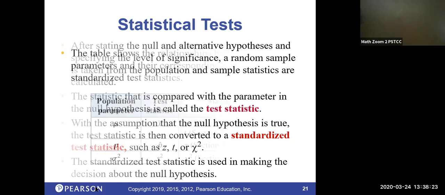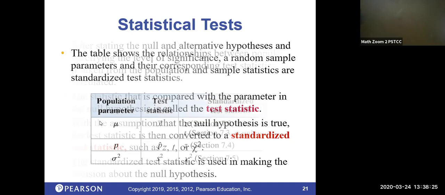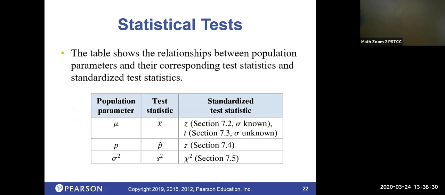Okay, so we have 3 different types of hypothesis tests. We have the hypothesis test for population mean, so we'll look at the sample mean. Just like with confidence intervals, we have to decide whether we're going to use z or t.